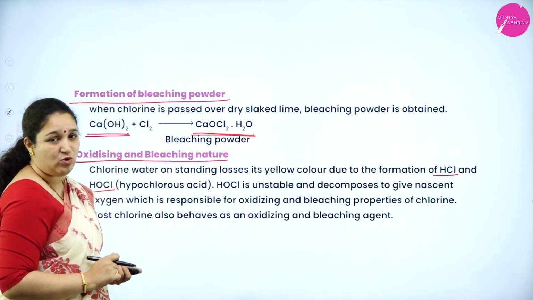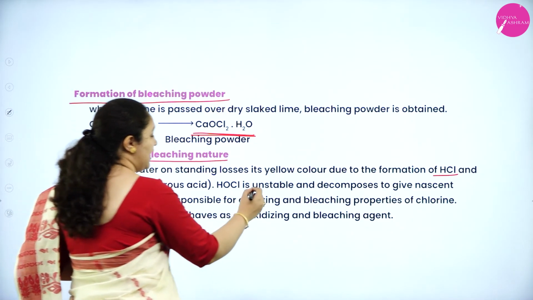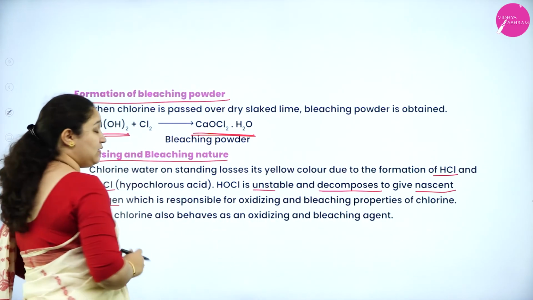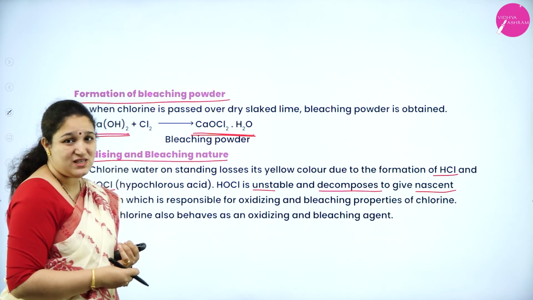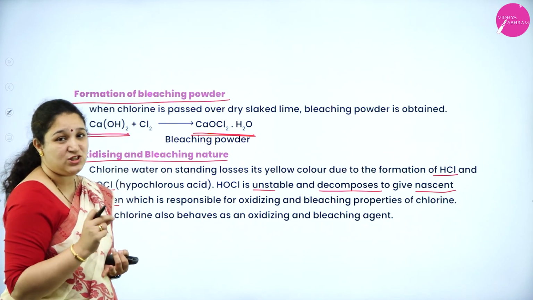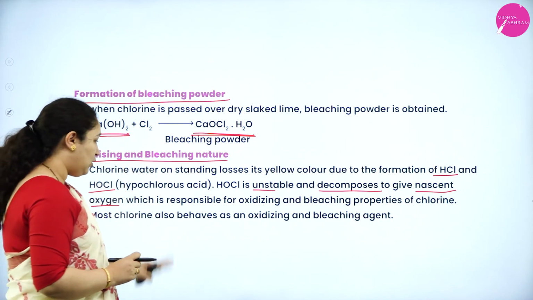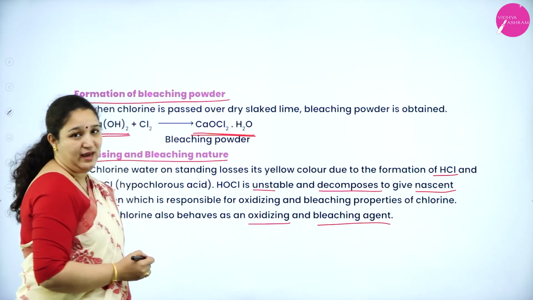This hypochlorous acid is unstable and further decomposes to give nascent oxygen. As it is giving nascent oxygen, it is a very good oxidizing agent and it has a bleaching property. Not only chlorine water, chlorine also behaves as an oxidizing and a bleaching agent.